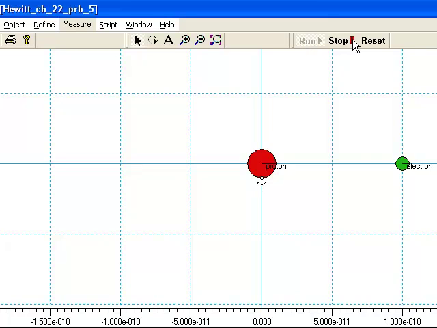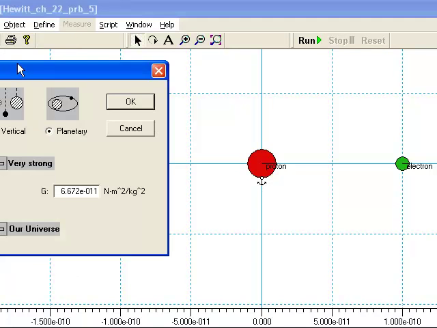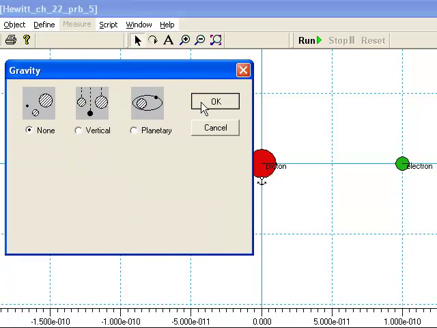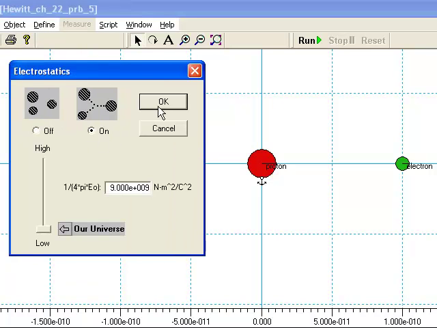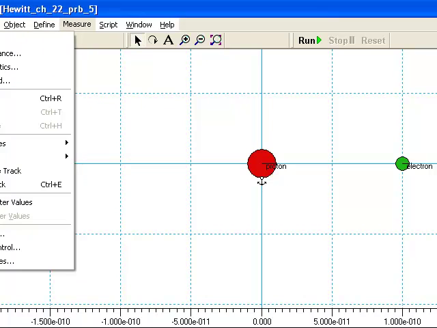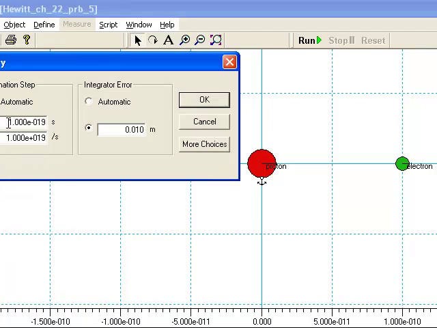Okay, let me reset it, and let's go over to turning gravity off, turning electrostatics on. There we go. And double checking the accuracy, so it's just as fast.